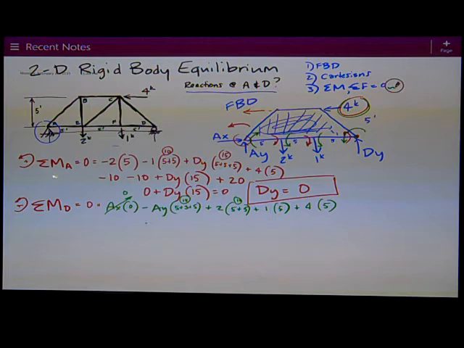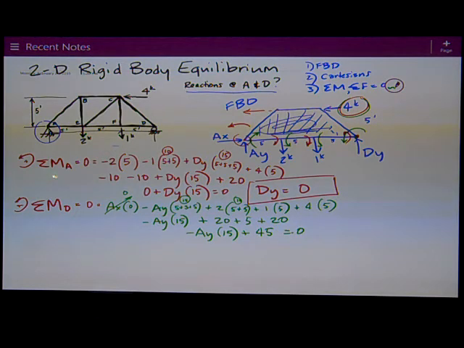I've got negative AY times 15 plus 2 times 10 is 20, plus 1 times 5 is 5, plus 4 times 5 is 20. Combine those, I got negative AY times 15 plus 45 is equal to 0.